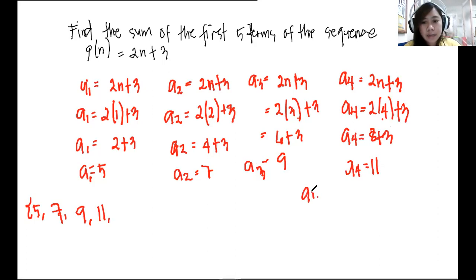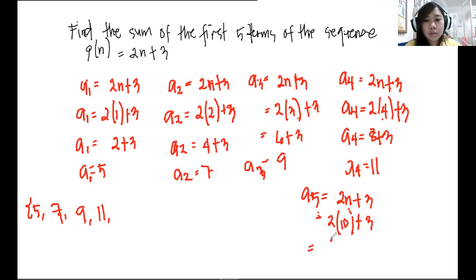A sub 5 is equal to 2n plus 3, 2 times 5 rather. Let's erase that po.